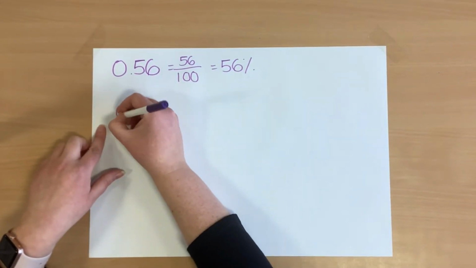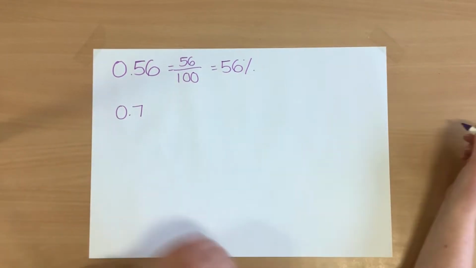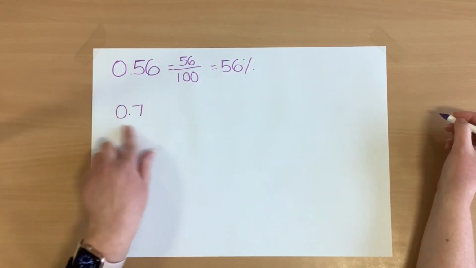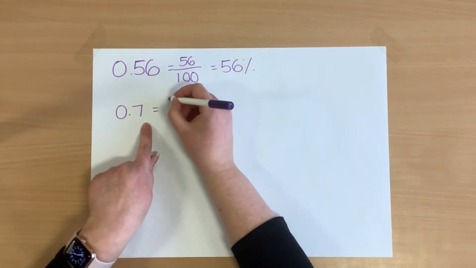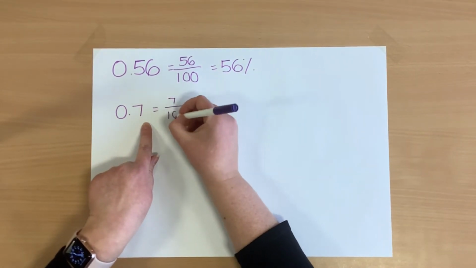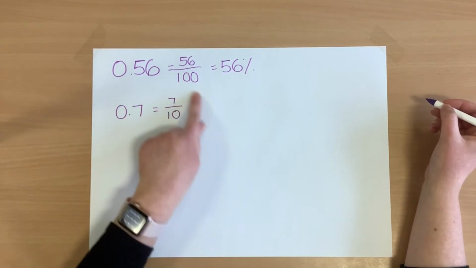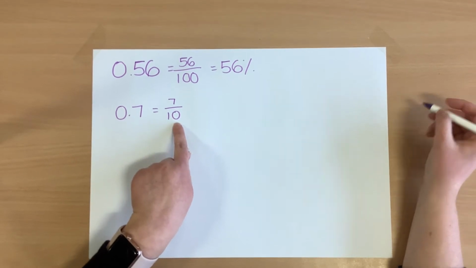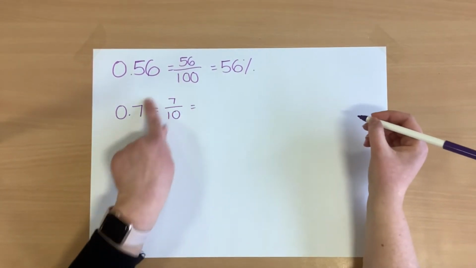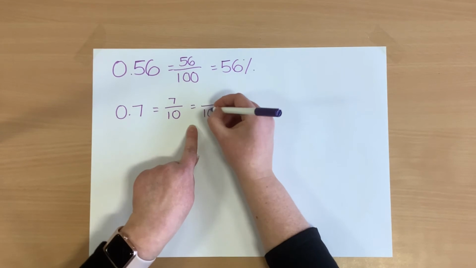If I had the decimal 0.7, once again, I'm going to convert it into a fraction. 0.7 would be 7 over 10. And if I want to convert that into a percentage, I need it to be out of 100. So I need to convert that fraction so it is out of 100.